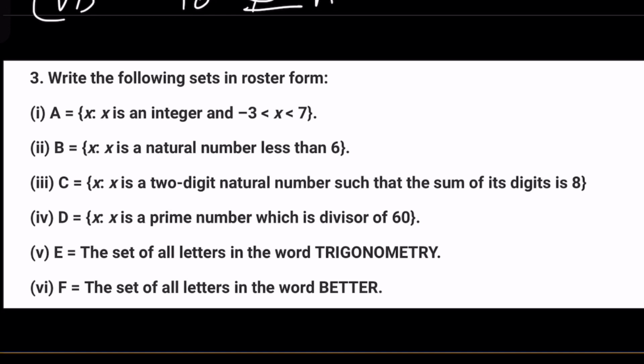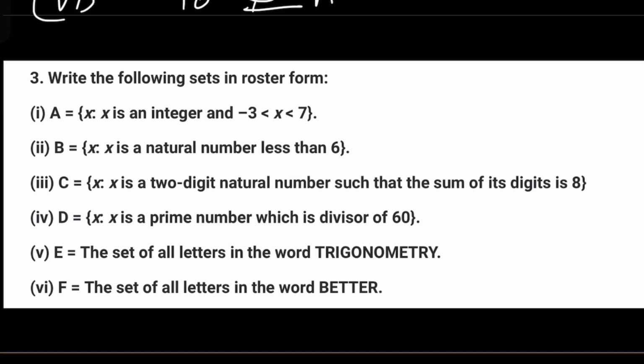So you know that x is an integer. x is an integer means all integers lie between -infinity and infinity. Here it is given as -3 less than x less than 7, which means -3 doesn't lie in this interval.